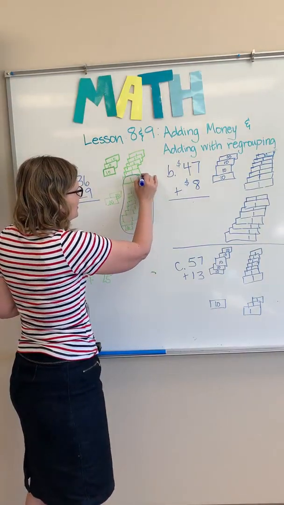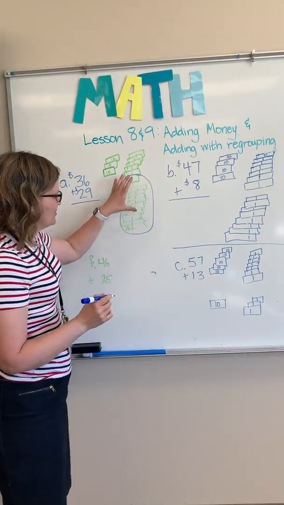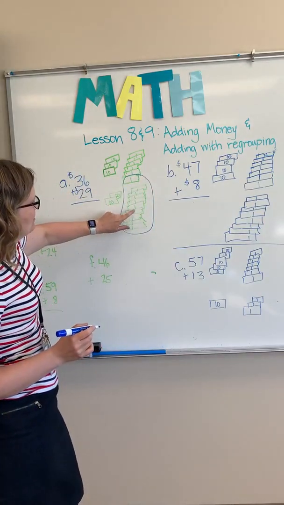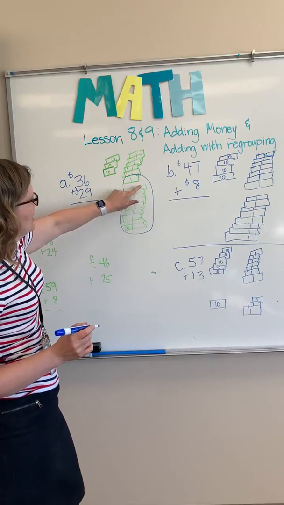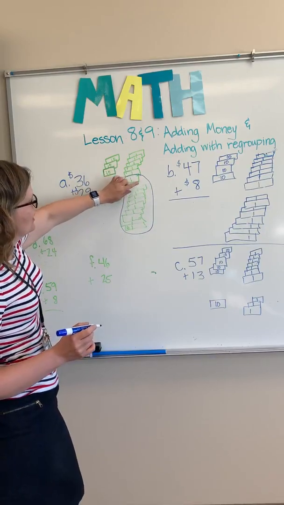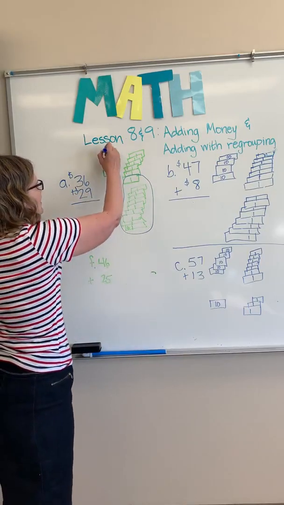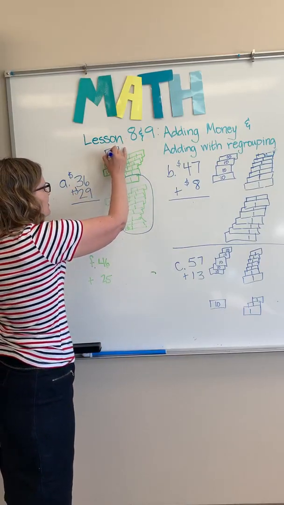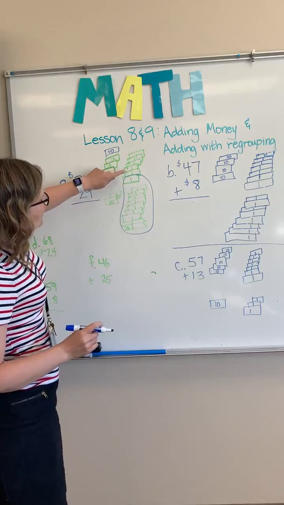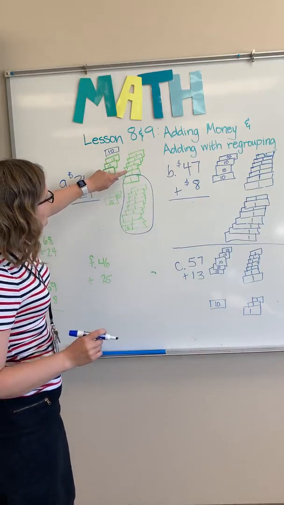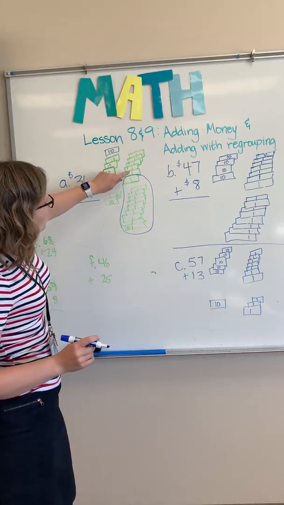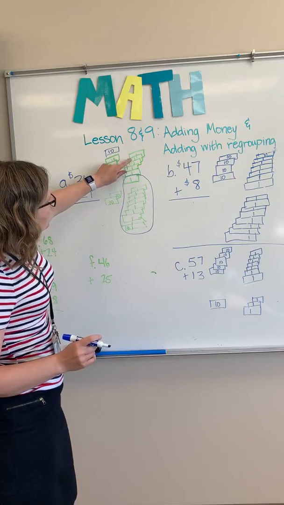I can convert this into a $10 bill. 1, 2, 3, 4, 5, 6, 7, 8, 9, 10. I'm just taking one from this little group, so I'm going to make this into a $10 bill. And then that will tell us how many ones we need to put in the ones section. 1, 2, 3, 4, 5.